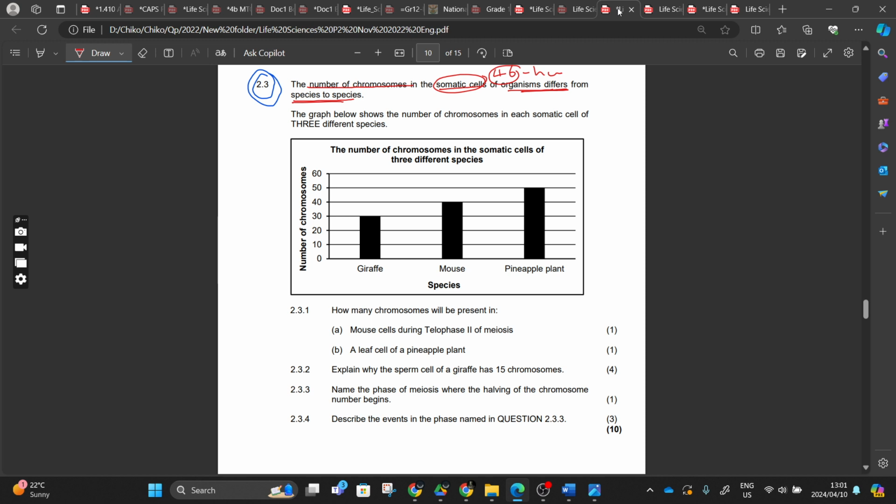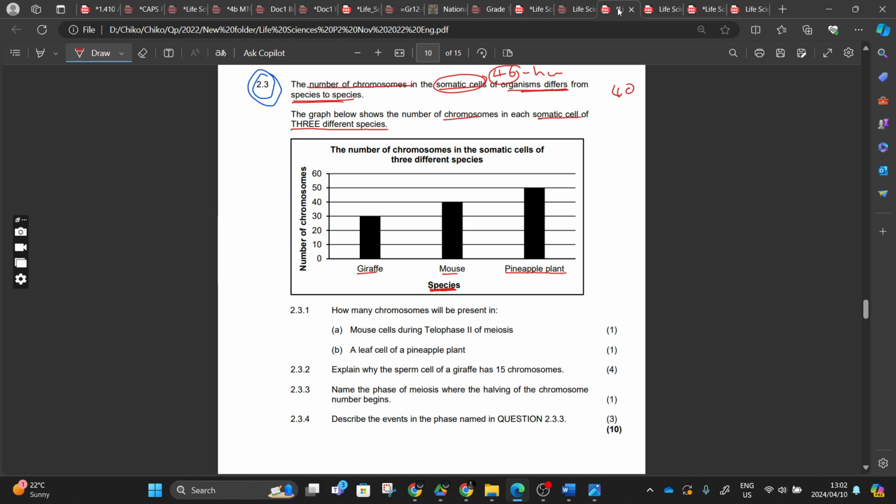So maybe the cat is going to have 40, and an elephant is going to have another number. So the graph below shows the number of chromosomes in each somatic cell of 3 different species. We have the giraffe, the mouse, and the pineapple plant. Species can be an animal or a plant, both are species.